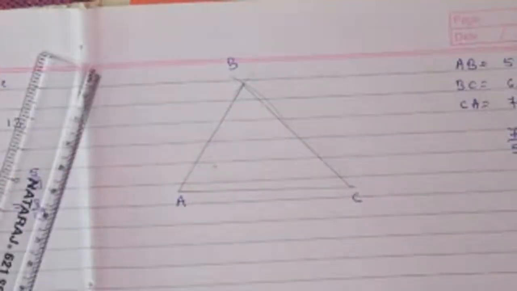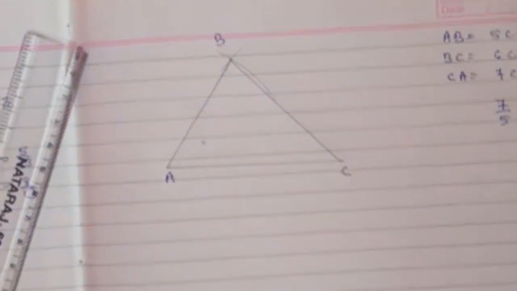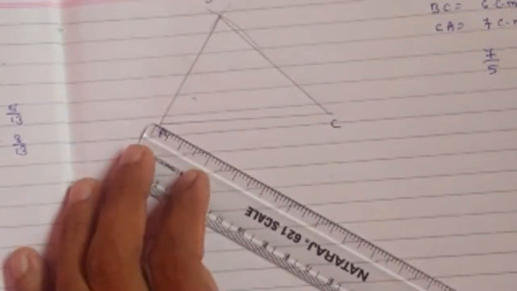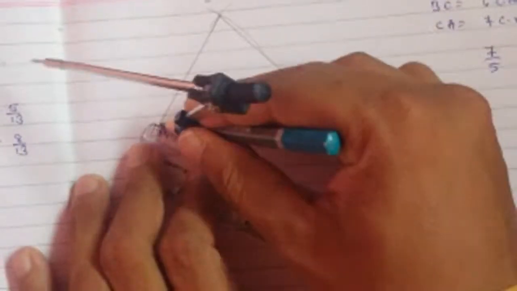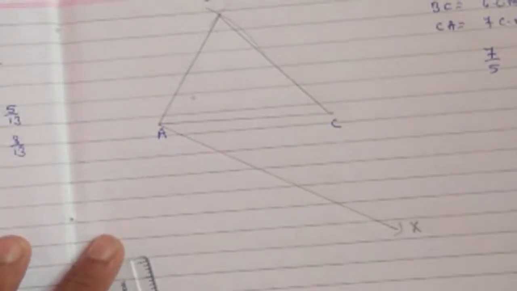AB is 5 centimeter, BC is 6 centimeter, and CA or AC is 7 centimeter. Now next step, we have to draw an inclined line from point A. I'll call this X.